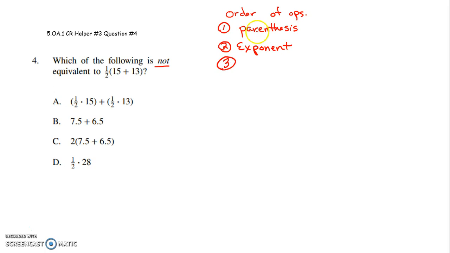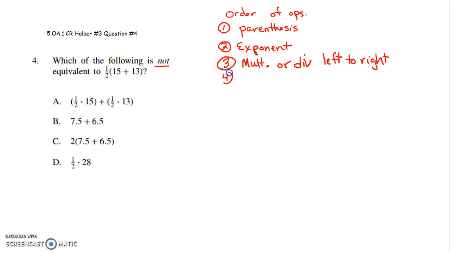Third step, once you take care of parentheses, then exponents, you move on to multiplication or division, and that happens left to right. So if there's both a multiplication and a division in a problem, you work out your multiplication left to right.